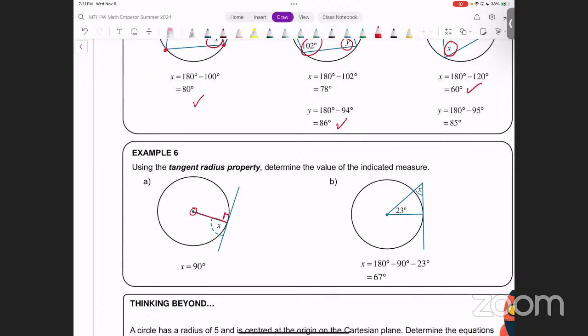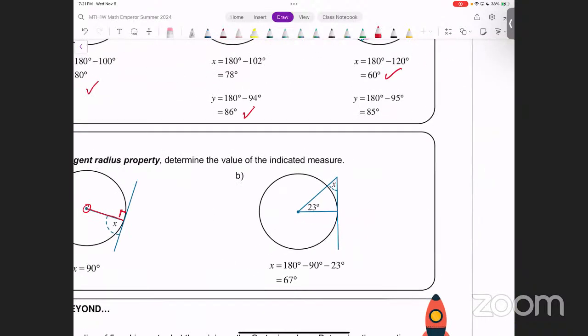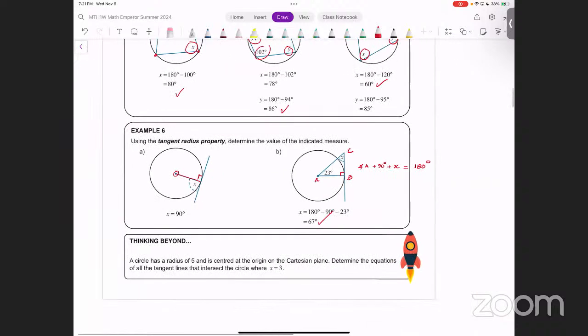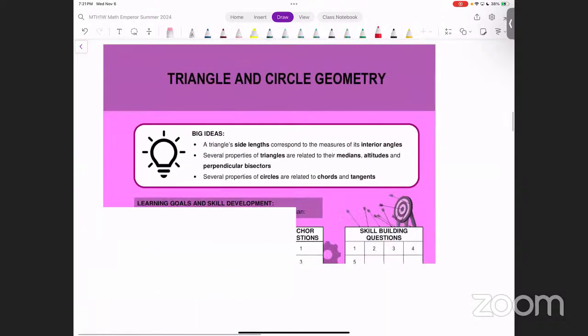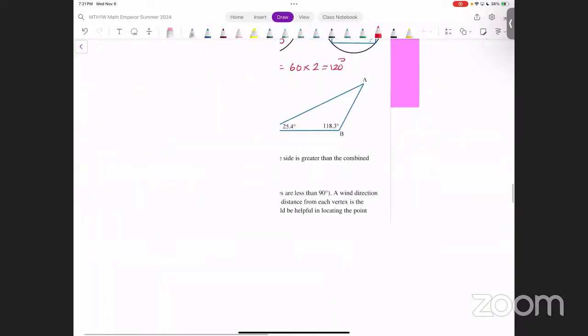If you look at the picture, we know this is 90 degrees, and we get a triangle ABC. So if I add angle A plus 90 degrees plus x, it equals 180 degrees, isn't it? So we can find the angle x. It's 67, as you see in the picture. More questions related to that are coming up.